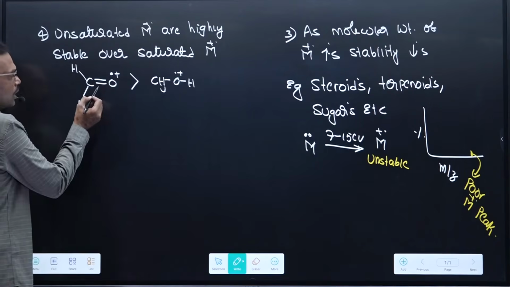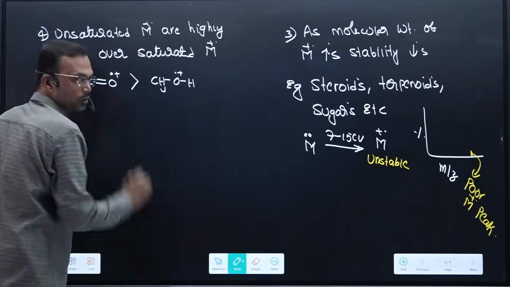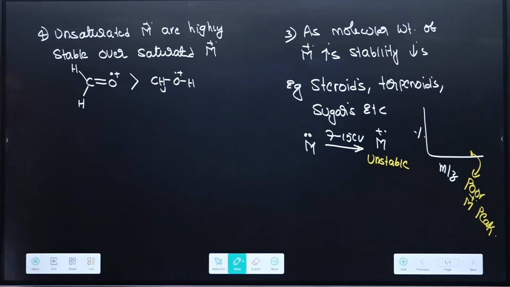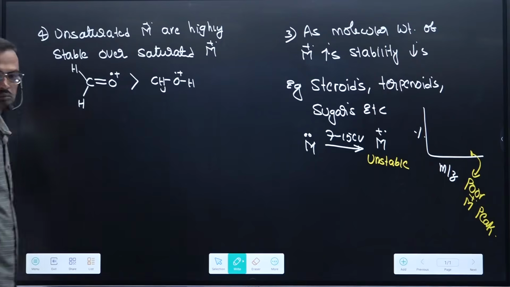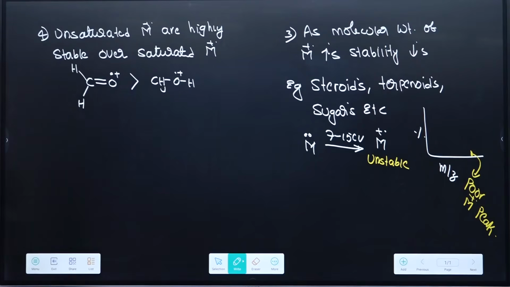So remember, unsaturated molecular ions are more stable than saturated molecular ions.